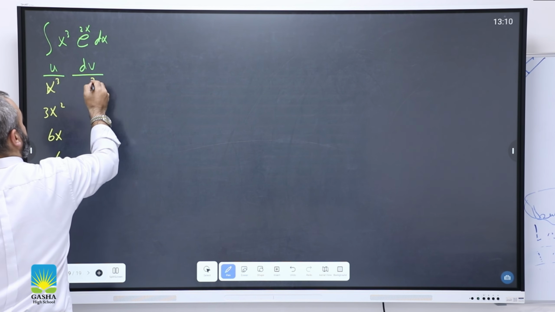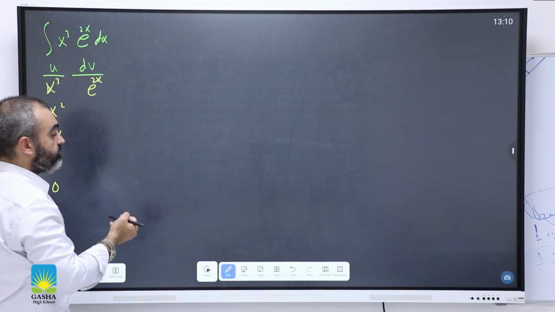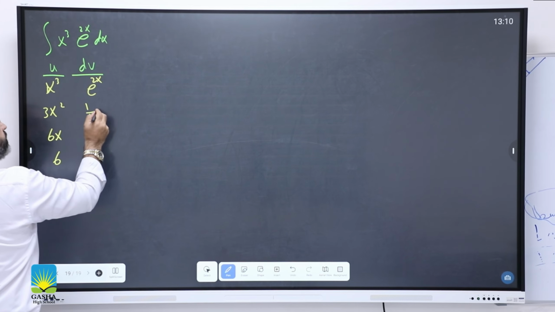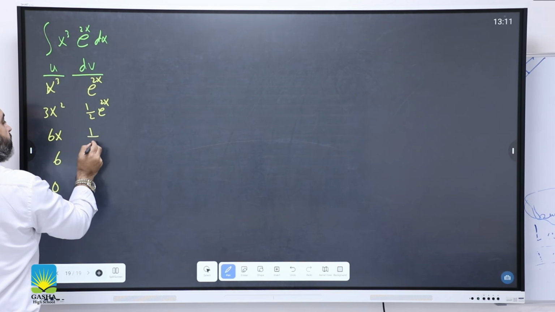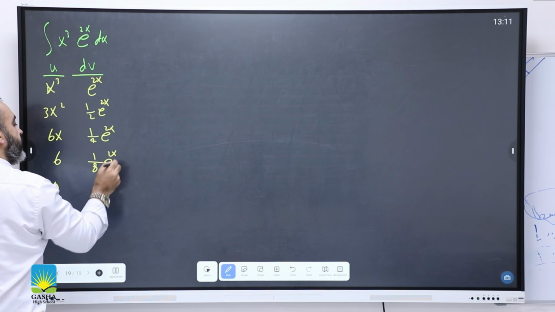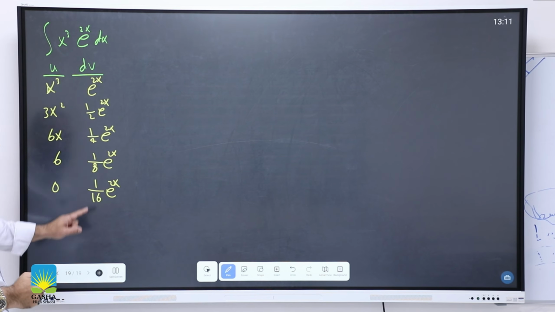And e to the power 2x, start from e to the power 2x, take the integral: 1 over 2 e to the power 2x, 1 over 4 e to the power 2x, 1 over 8 e to the power 2x, 1 over 16 e to the power 2x, all of them times 2.